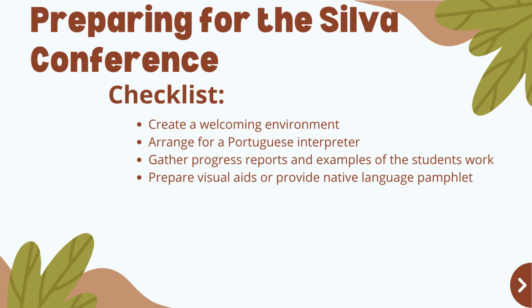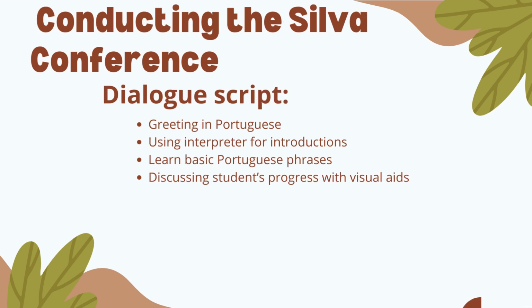Visual aids such as a bilingual agenda or charts show Miguel's progress, and it can help in conveying information effectively. Creating a welcoming environment ensures that the Sylvia family feels comfortable and respected.